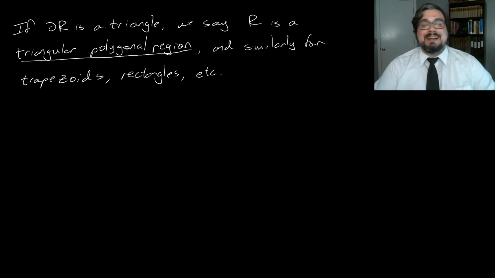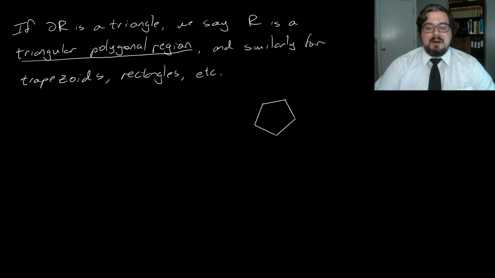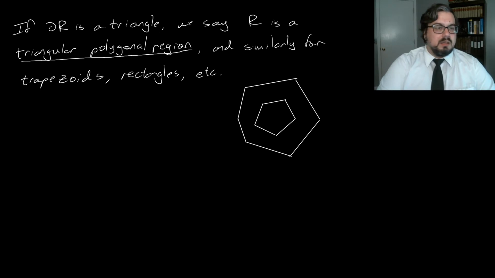Now, note that not every polygonal region will, in fact, be one of these. So, for instance, the following is a polygonal region. And we can show this simply by exhibiting a triangularization of it.